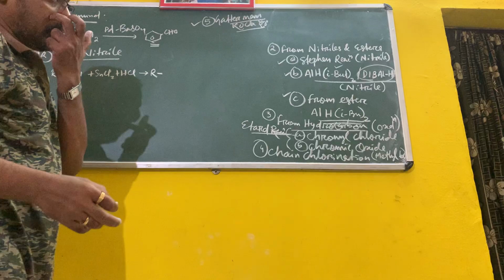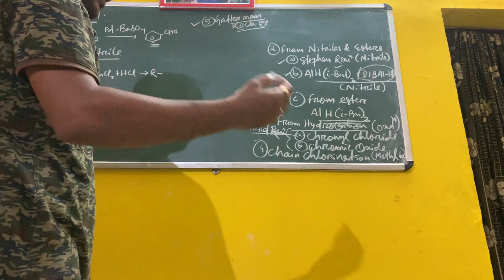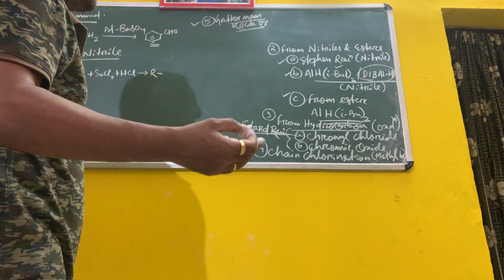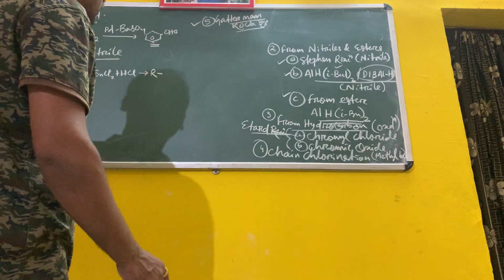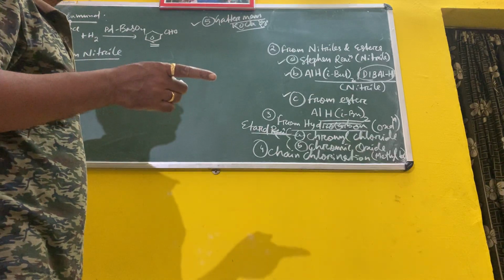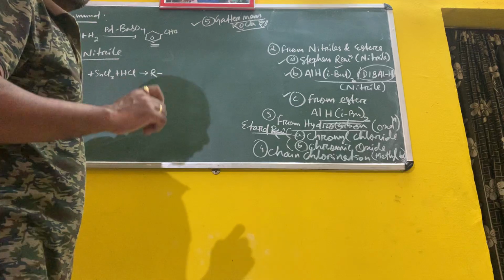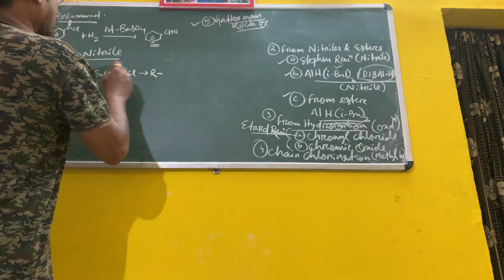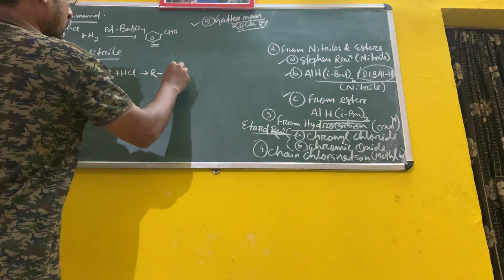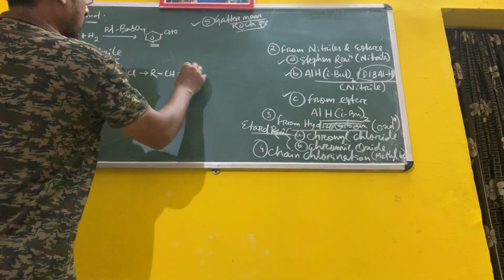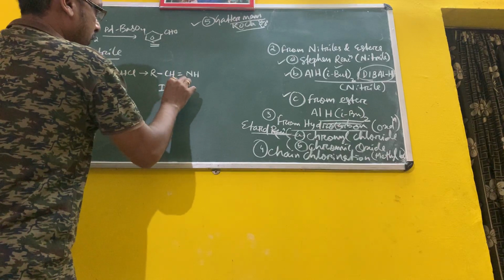Carefully remember the formula of imine. In the next properties of aldehydes and ketones, we will again discuss the structure of imine, the reaction of carbonyl group with ammonia derivatives. Then RCH double bond NH, this is your imine intermediate.